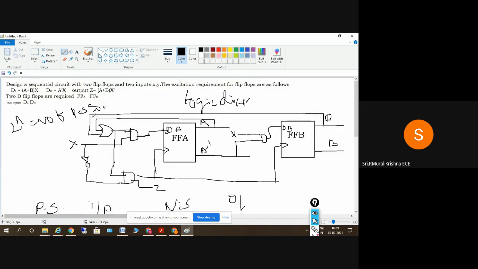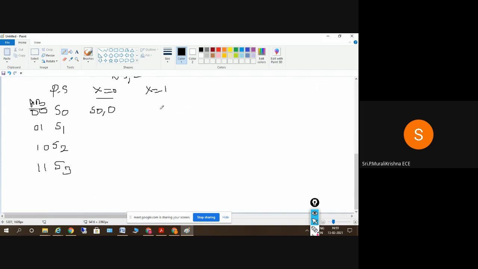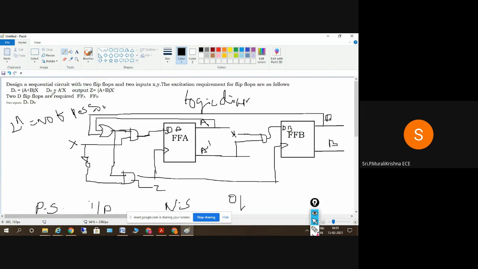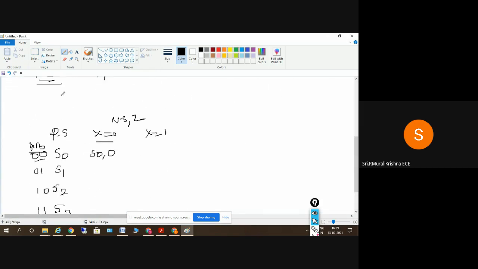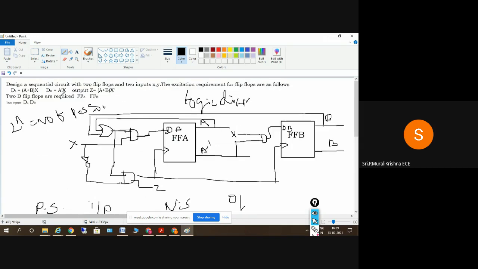Okay, and now substitute the value X is equal to 1. AB is 00, and X is equal to 1.